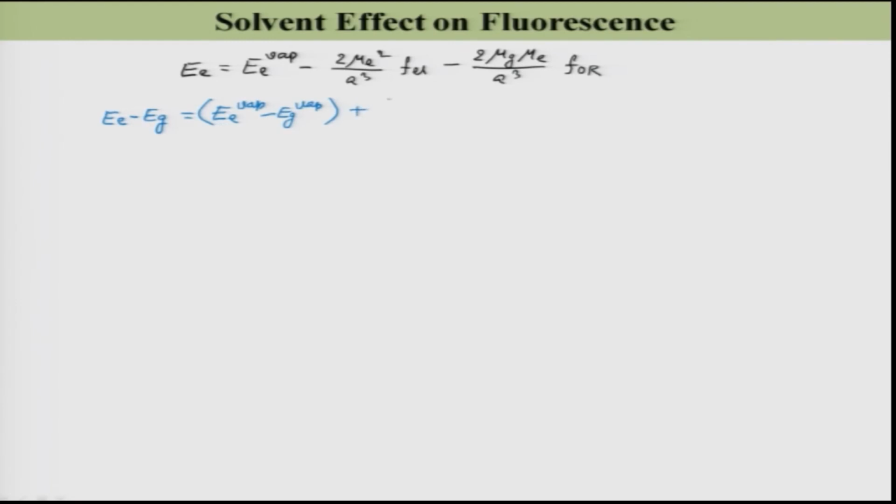plus twice mu_G square by a cubed f_EL plus twice mu_G square by a cubed f_OR minus twice mu_E square by a cubed f_EL minus twice mu_G mu_E by a cubed f_OR, right.